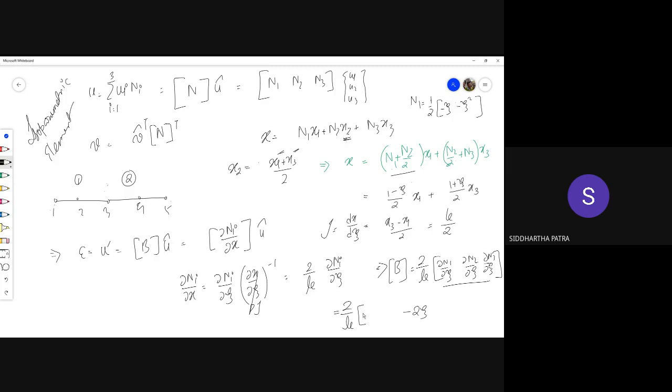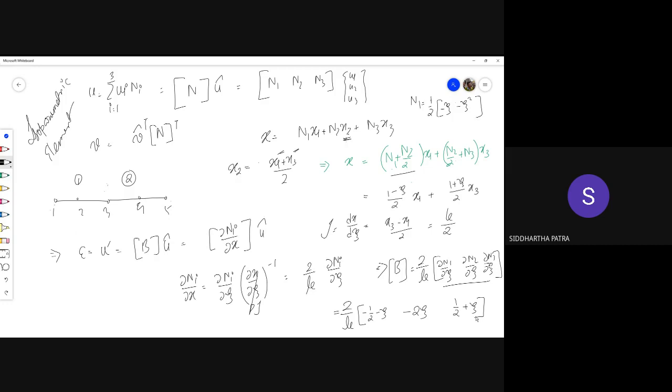So it is minus xi by 2. Sorry. So when you take derivative, it is minus half minus xi. Similarly, over here you have plus half plus xi.